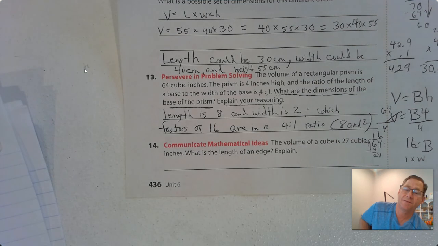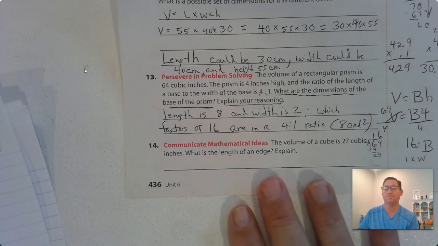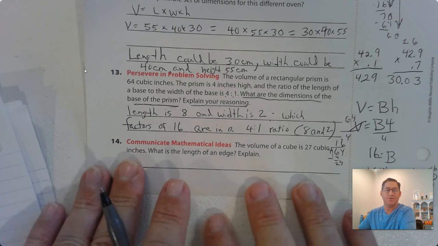So the length is 8, the width is 2. Which factors of 16 are in a 4:1 ratio? 8 and 2. And finally, the volume of a cube is 27 cubic inches.